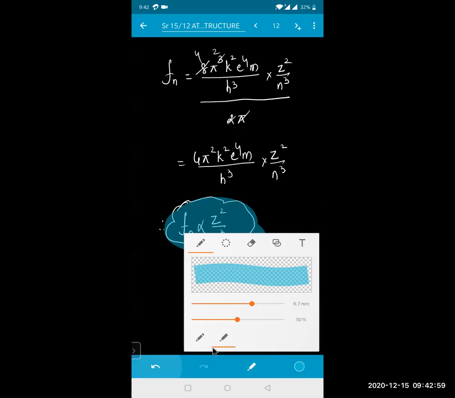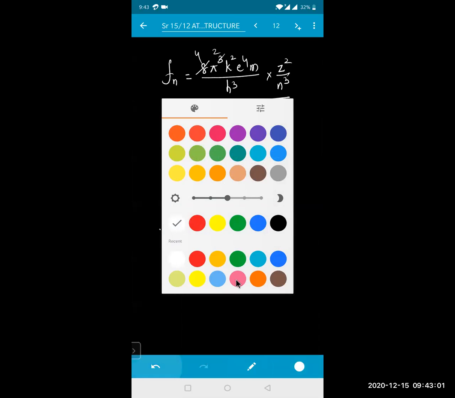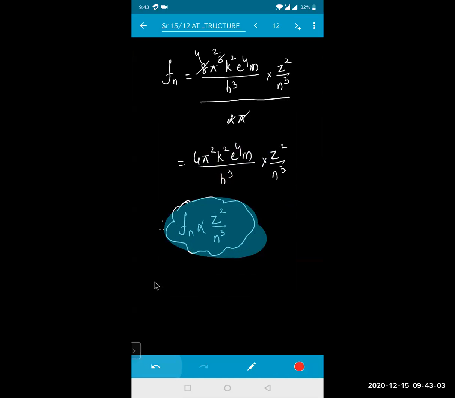Okay, so now once we know this one, we can calculate the time period, isn't it? So time period will be equal to how much? Time period of revolution of electron.